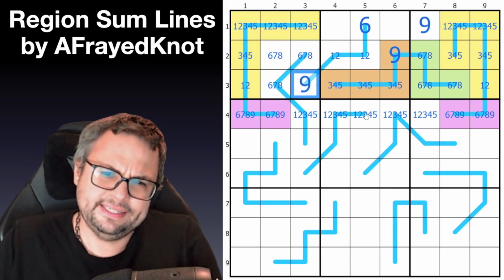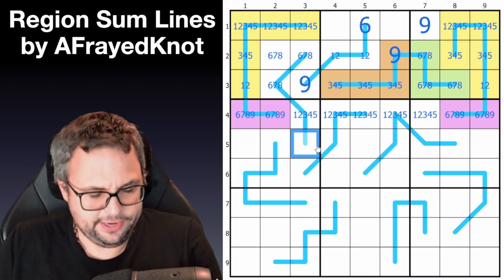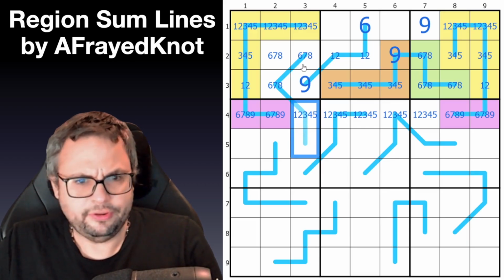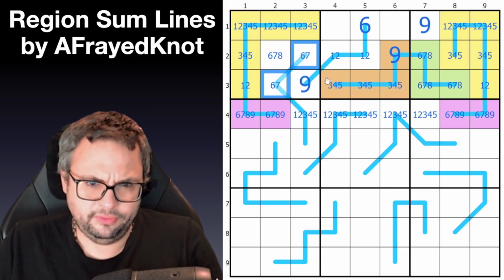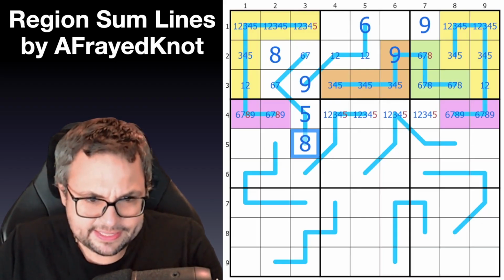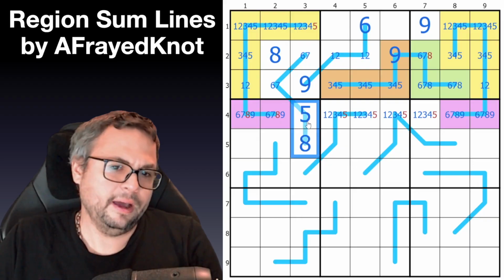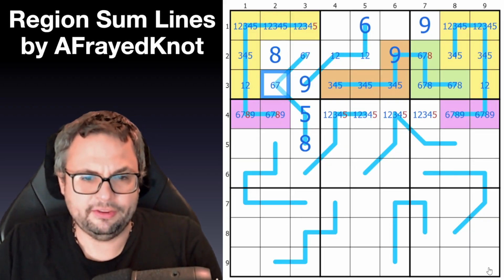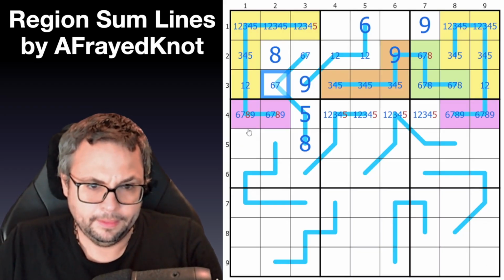Well, owing to this 9, actually, it's 5 plus 8, right? Which is 13. So actually, the only way this works is if these are 6, 7, that's an 8, this is a 5, and that's an 8. So we actually learn exactly what the composition of this region's sum line is by playing this game of what's the maximum and what's the minimum.